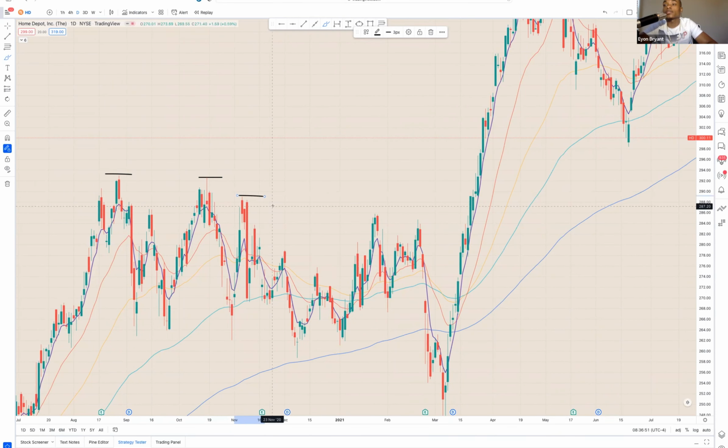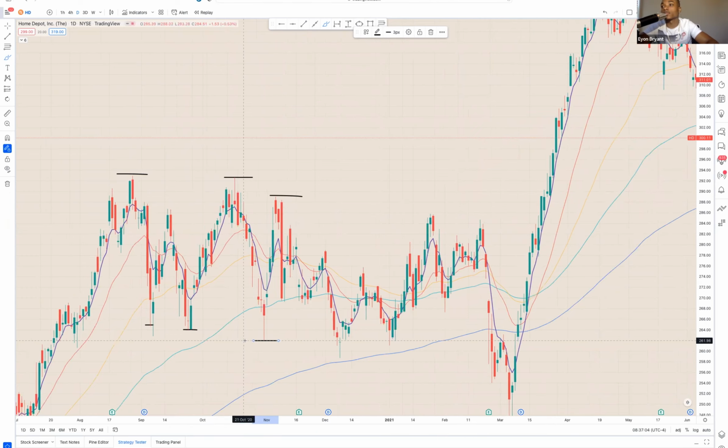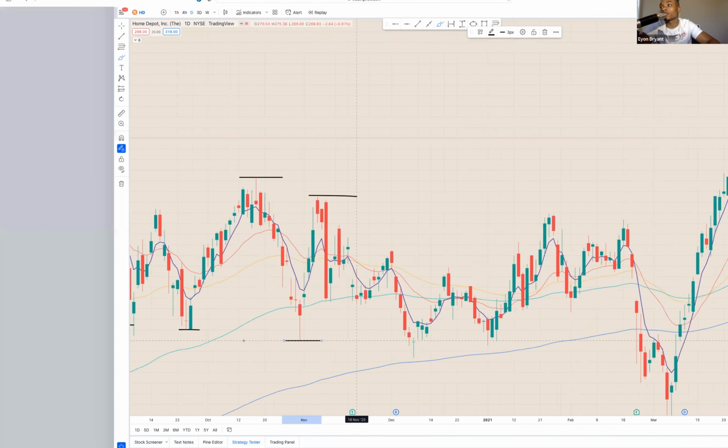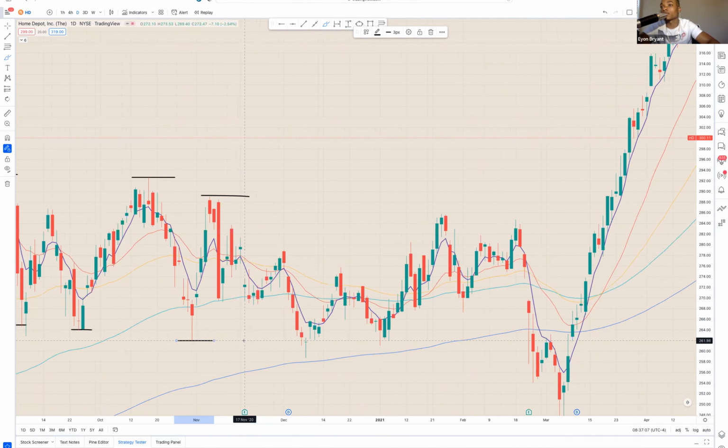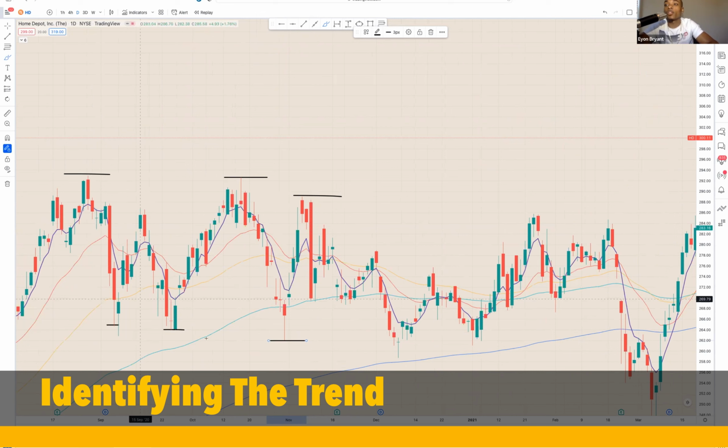These highs are getting lower. What do you notice here, and here? Now we're just going to focus on this area right here. What do you notice in this area? This high is getting lower, and this low is getting lower.